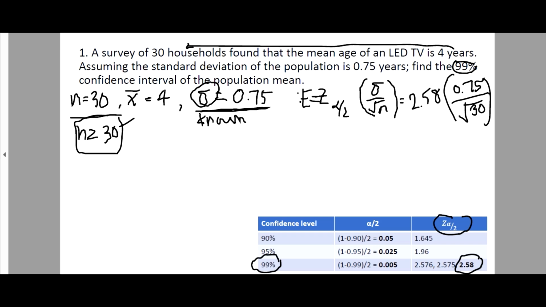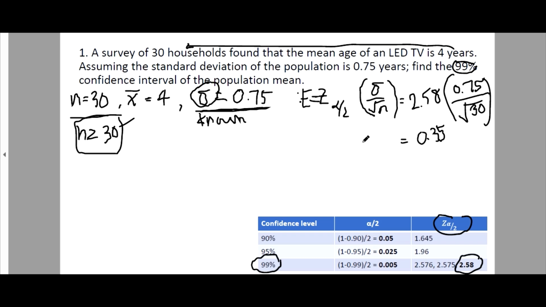The answer is 0.353. We'll just use 2 decimal places. This is 0.35 because the next number is 3, so rounded off to 0.35.